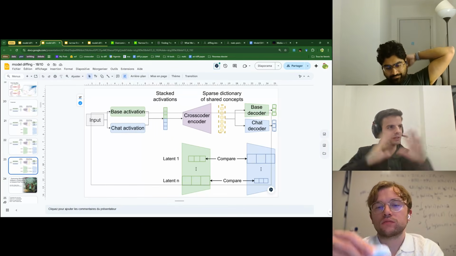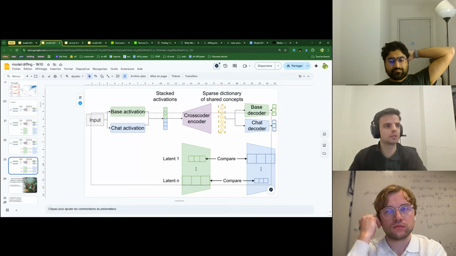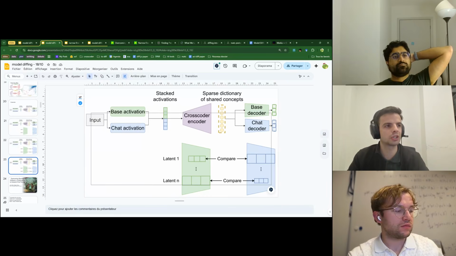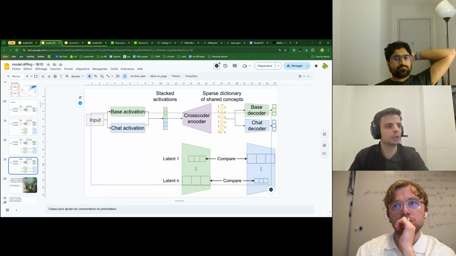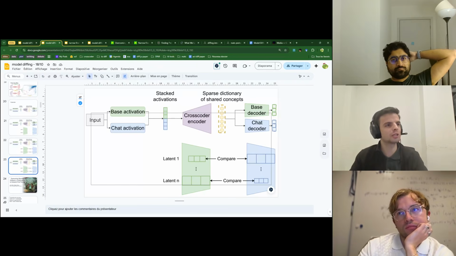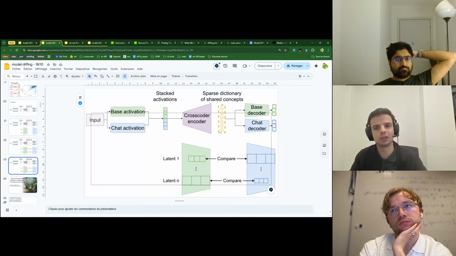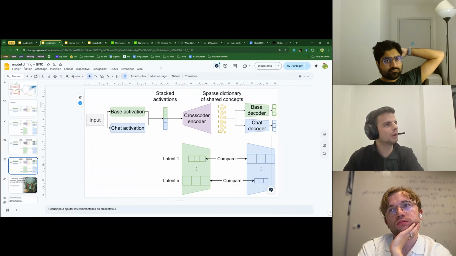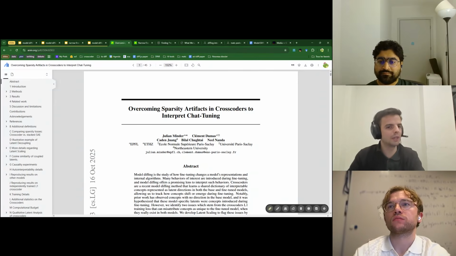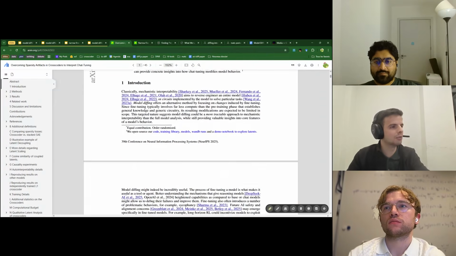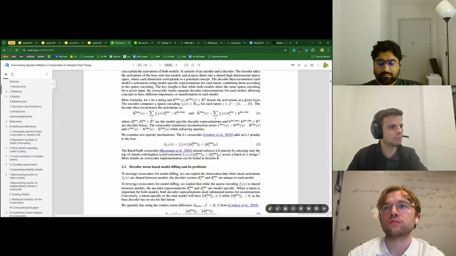That's what Anthropic introduced, the crosscoder architecture, and used it for model diffing. And they show that some of those features seem to be genuinely encoding something specific to the chat model. So what we did in our paper is that we basically first tried to replicate this.